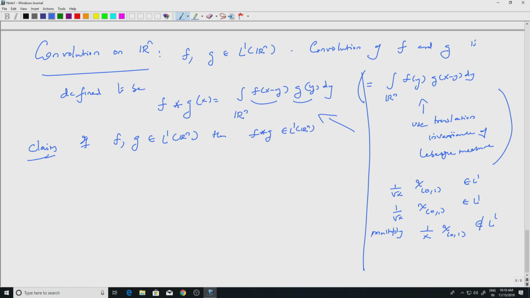This is rather interesting, because the product of L1 functions need not be in L1, but the moment you translate and then take the product and integrate, you get something in L1, which means it has to be finite almost everywhere. So this integral exists for almost all x. Okay, we will see why. And it's not just that the convolution is in L1, the L1 norm of f convolved with g is less than or equal to the L1 norm of f times the L1 norm of g. So there is a bound as well.